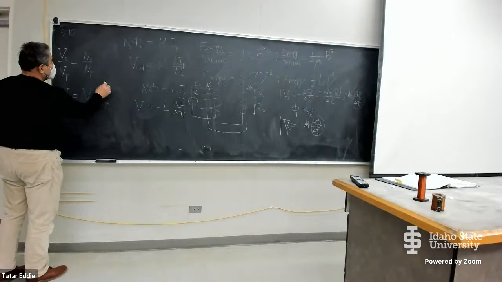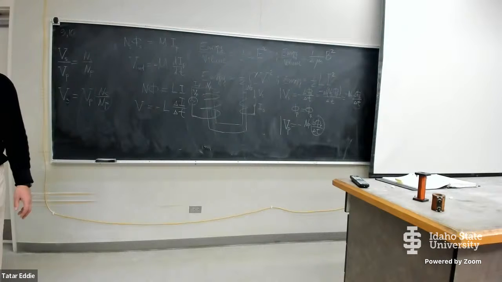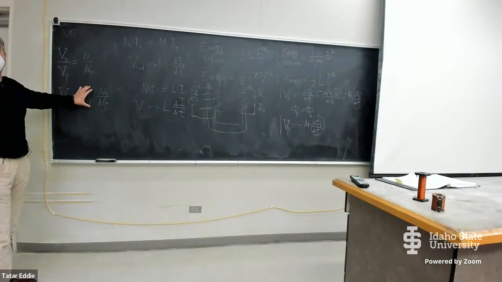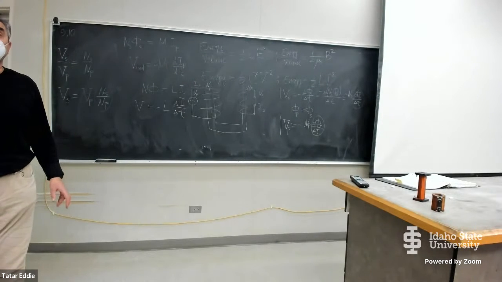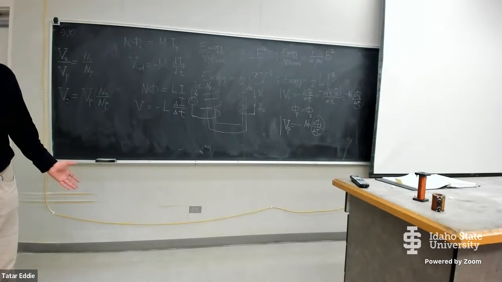Now, if this ratio is larger than 1, if the number of turns in the secondary coil is larger than the number of turns in the primary coil, you have a step-up transformer. The voltage in the secondary is going to be larger than the voltage in the primary. And this is what you use when you want to increase the voltage.